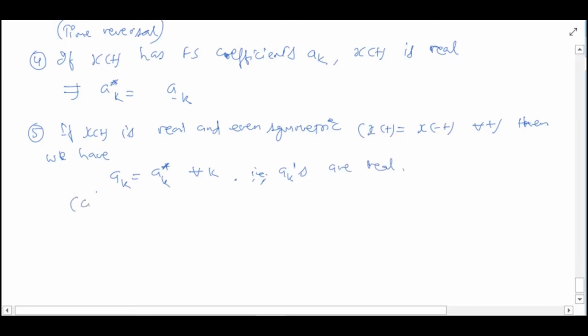This is obtained by combining properties 3 and 4.